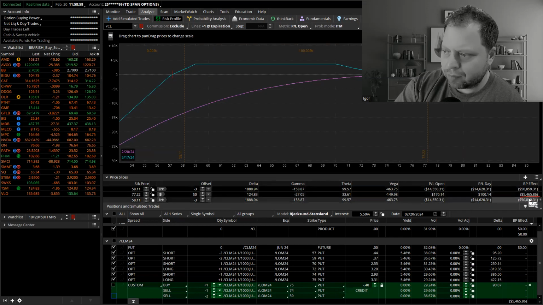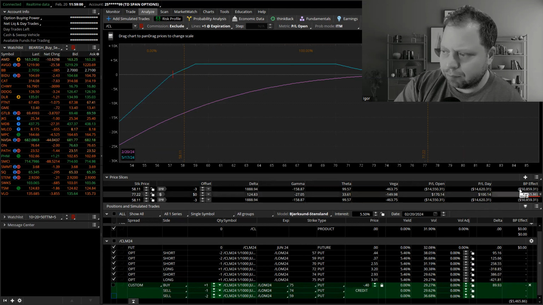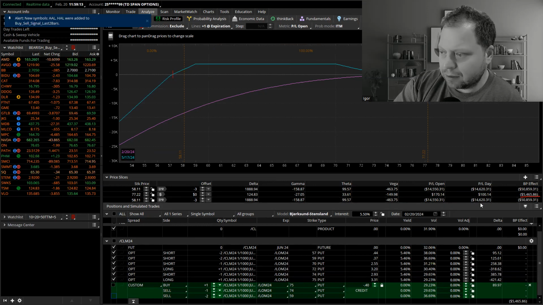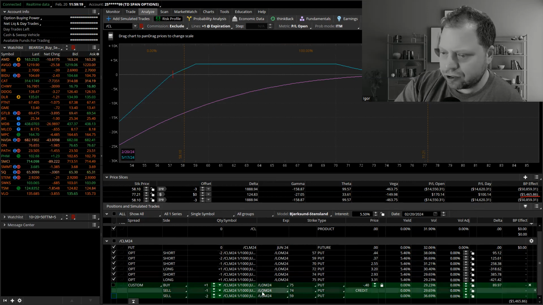Doesn't matter how much buying power you have. So I'm going to look at both numbers, buying power available and where my -3 EPR on P&L on the day is. I'm going to try to put on as many trades as I can. And as some of the older trades start to come off, I'll just keep these trades in rotation.